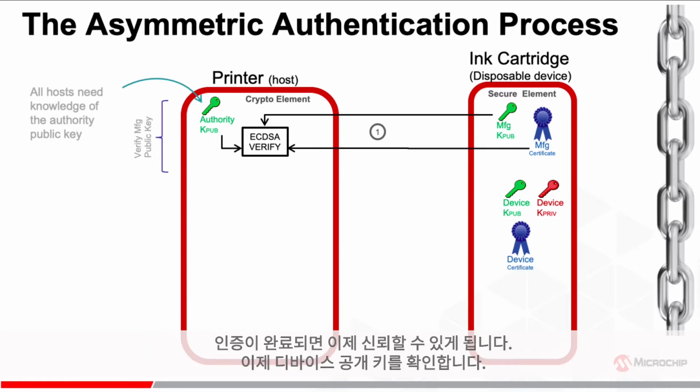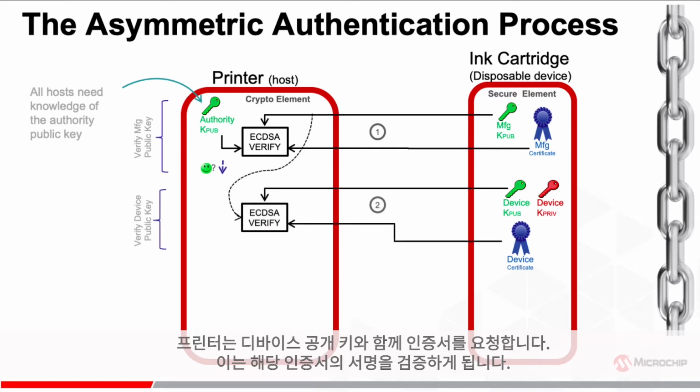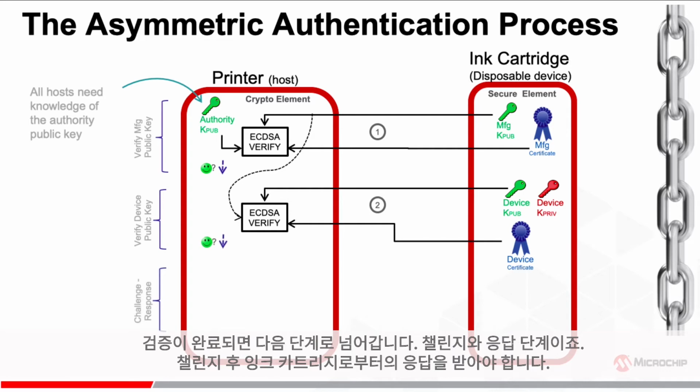Once that authenticates, now it can be trusted. We now verify the device public key. The printer asks for the device public key along with the certificate, and it verifies the signature on that certificate. Once that is verified okay, we can go to the next step, which is the challenge and response.